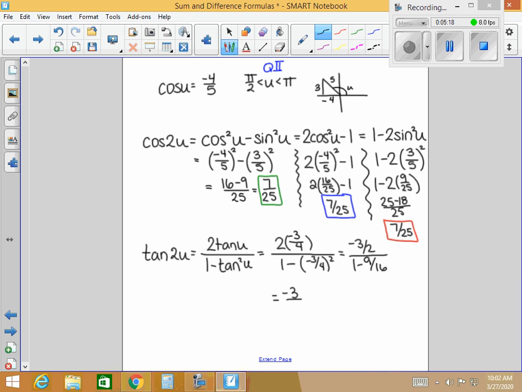So I have negative 3/2 over 1 minus 9/16, which is 16/16 minus 9/16, which is 7/16. And so when I put those pieces back together, I get negative 24 on top over 7 on the bottom.